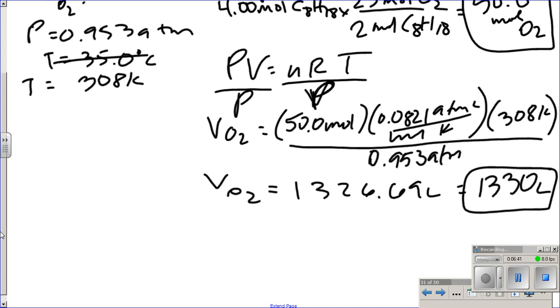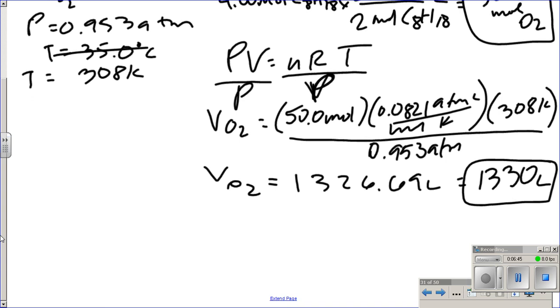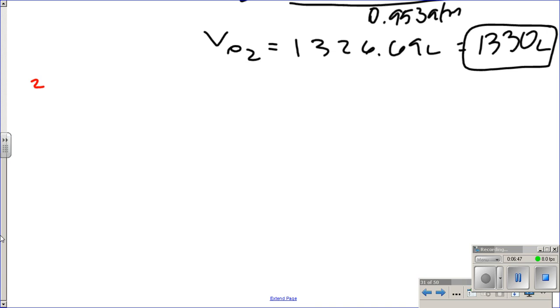How's number 2 and 3? Doesn't matter, it'll work either way, because the temperature and pressure are the same.